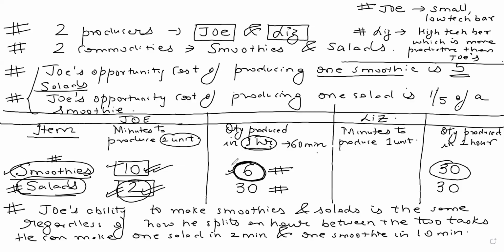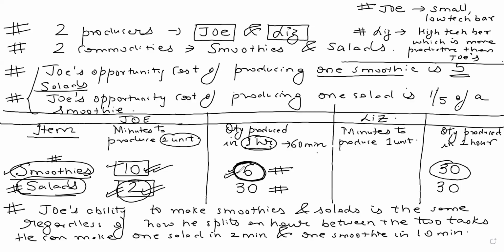So clearly Liz has an absolute advantage over Joe in making smoothies. We are going to talk about comparative advantage. We haven't talked about comparative advantage in this example as of now. But when we talk about absolute advantage, we are going to compare the production per hour. Clearly, in 1 hour, Liz can make 5 times the smoothies Joe is making.